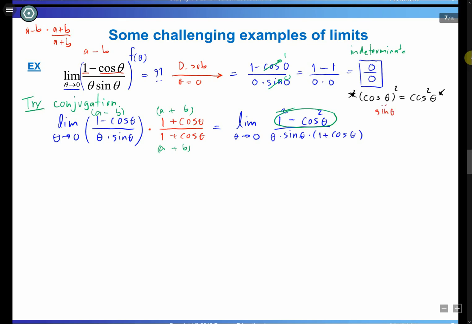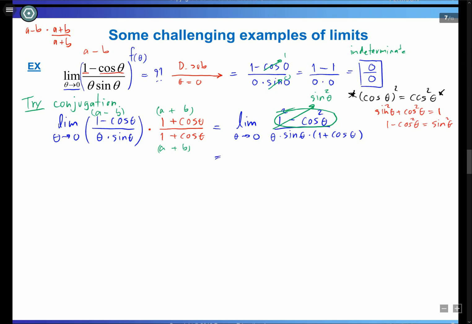Sine squared theta plus cosine squared theta equals 1, which means that 1 minus cosine squared theta must be equal to sine squared theta. So this term right here should be equal to sine squared theta, and I'm going to put this in instead of those two terms.